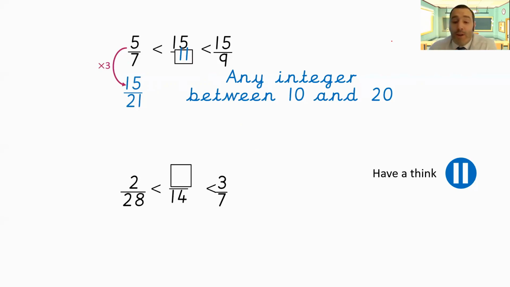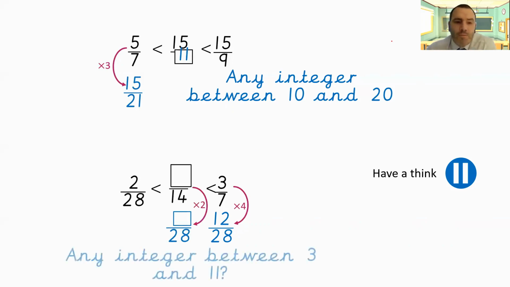How did we get on with this one? So 4 times 7 will make 28. And I need to remember what I do to the denominator, I must do to the numerator as well. So it becomes 12 over 28. Now, 14, I can multiply by 2 to get to 28. So I need something to go in the box on top.